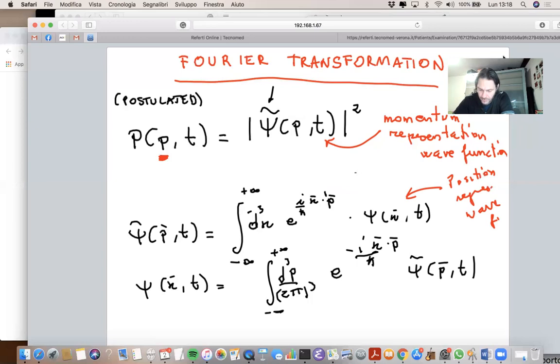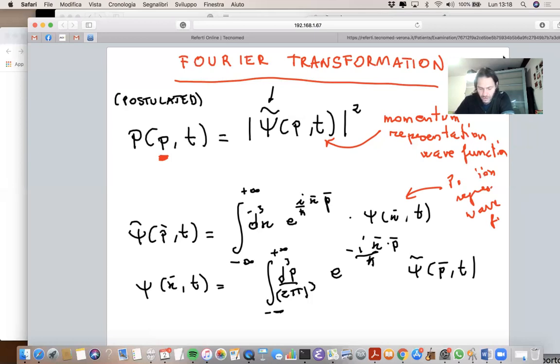What is a Fourier transformation? You take the function as a function of x, you multiply by a phase with an exponent which looks very much like the plane wave contribution in x and p, and then you integrate over all values of x.